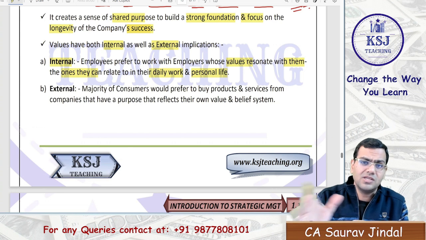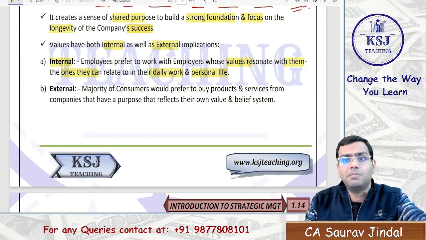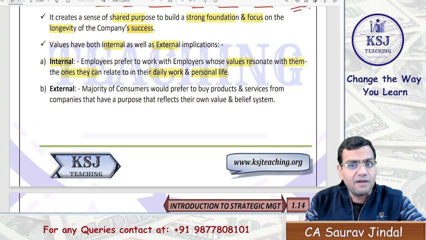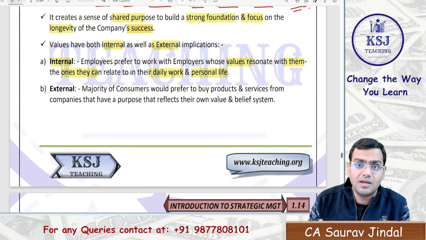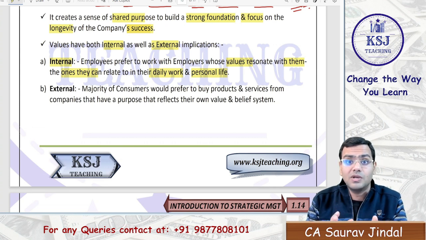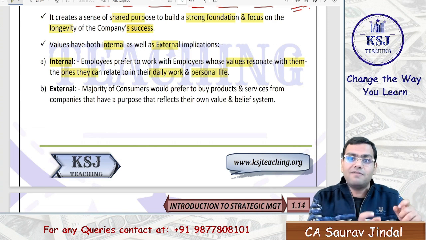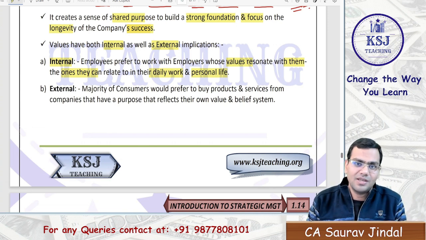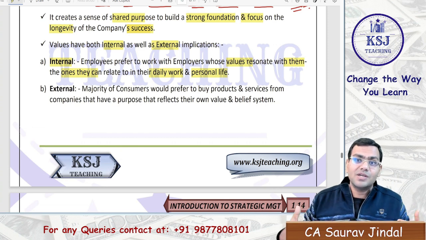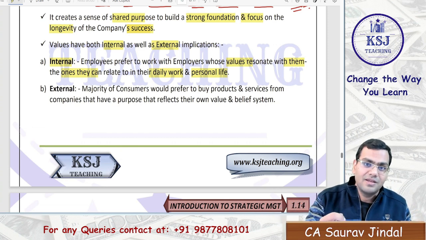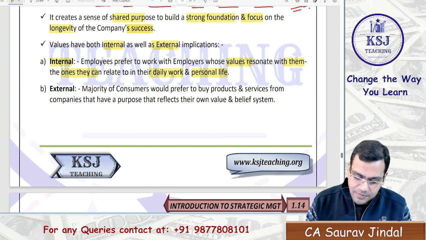The organizational value says that you have to tell a lie to the people to sell your product. Will that person work in that environment? No sir, because he is an honest person. His personal values do not allow him to do such a thing. So this is known as internal. External is that customers will trust that brand whose values resonate with the values of the customer.